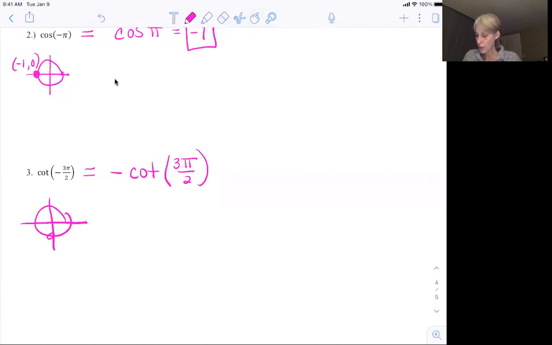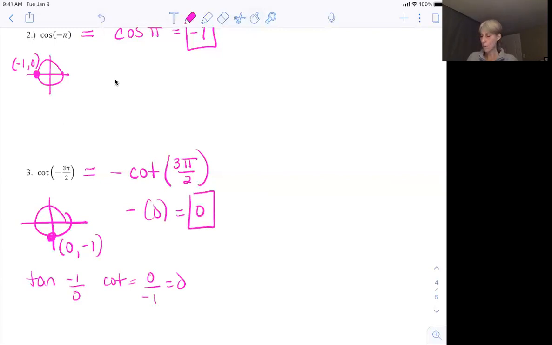So 3 pi over 2 is (0, -1). Tangent is sine over cosine, so cotan is going to be cosine over sine. So negative 0 is just going to be 0.